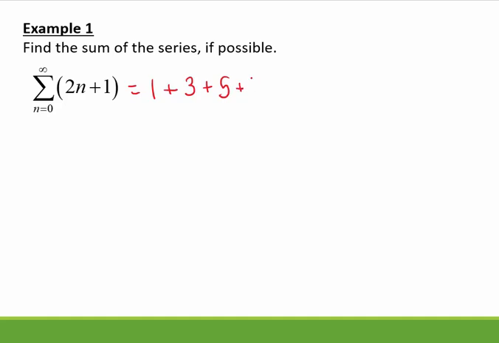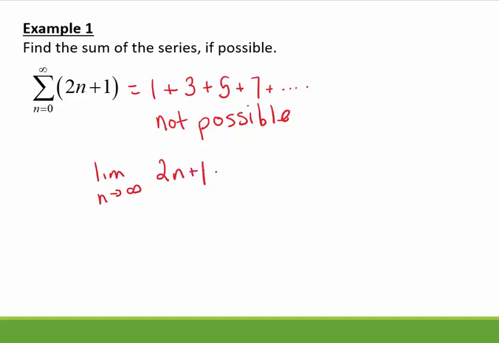And I keep getting larger and larger numbers, so that means it is not possible to find a sum of this series. And I just want to look at this limit as n goes to infinity. If we looked at the limit of the function, that goes to infinity. So I wonder what that all could mean.